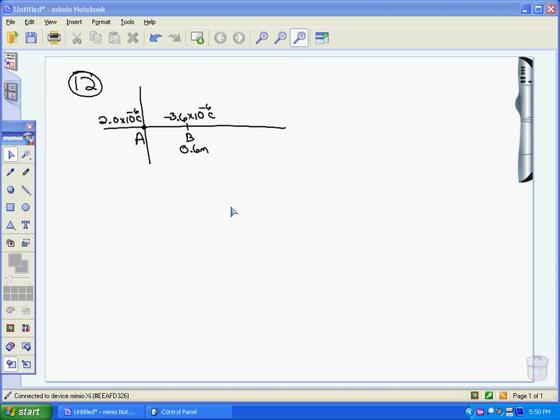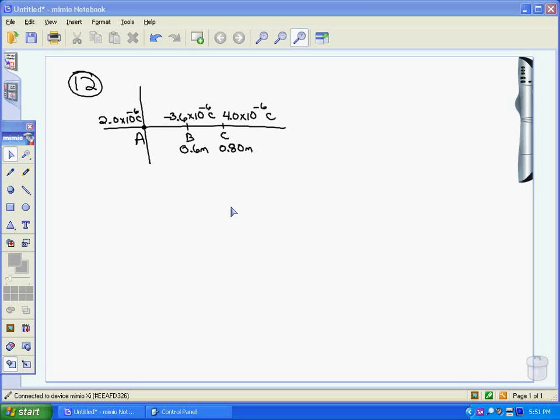And finally, charge C, I'm just going to put it out here, so charge C at 0.80 meters, and charge C has a charge of positive 4.0 times 10 to the negative 6 coulombs.